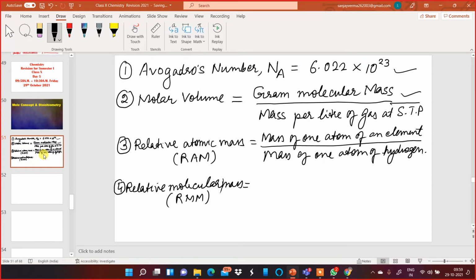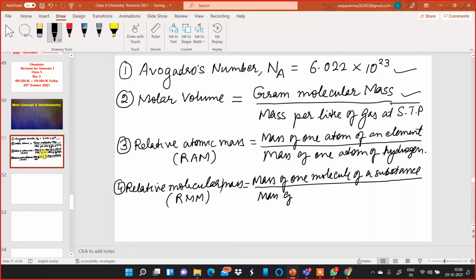That is equal to the mass of one molecule of a substance divided by the mass of one atom of hydrogen. So this is number 4, relative molecular mass.